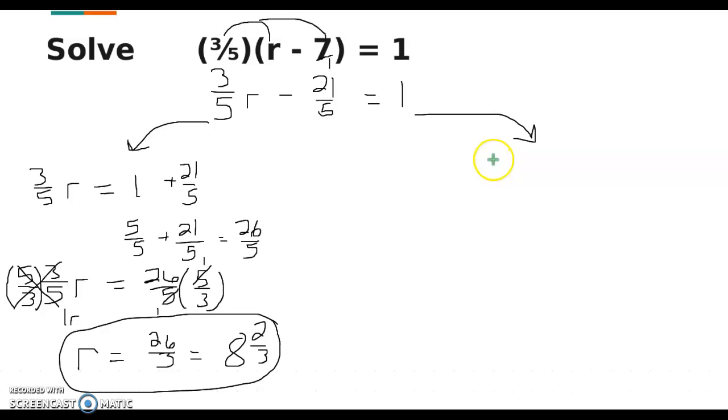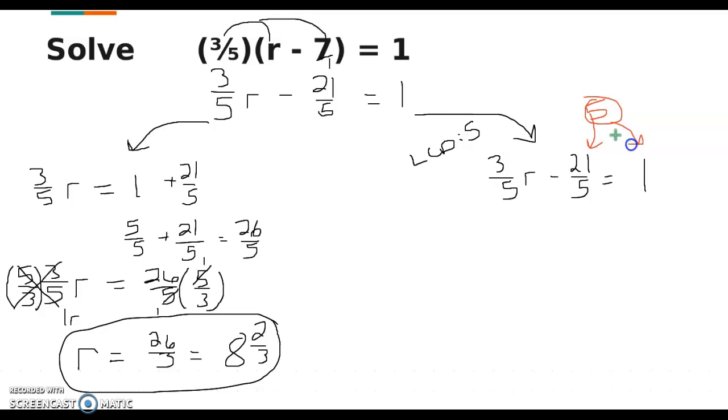Another way is to, I'm going to rewrite the problem here as we had before we split it up. We could eliminate the fractions, and you eliminate fractions in an equation by multiplying every single item by the LCD, the lowest common denominator. If you see, the only denominator in this is a 5. So if I take 5, multiply everything by it, my fractions will eliminate.